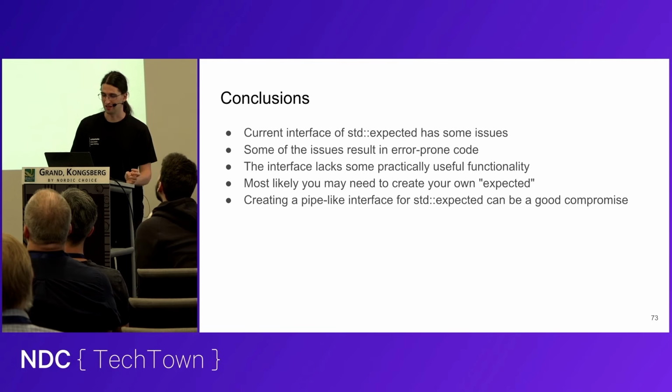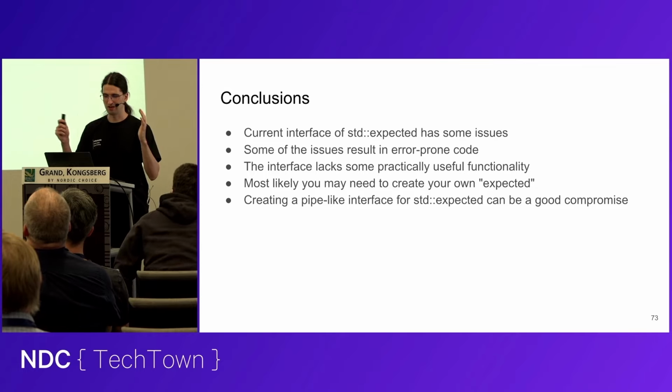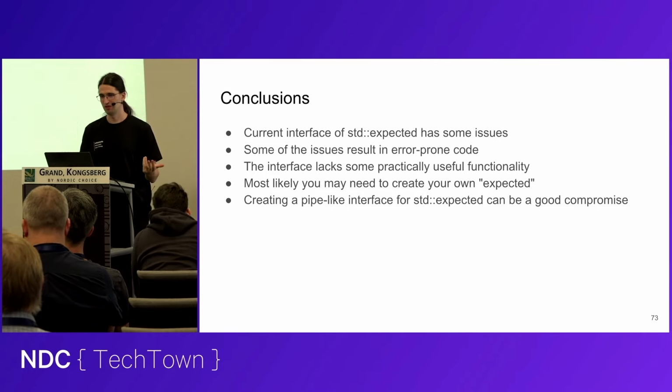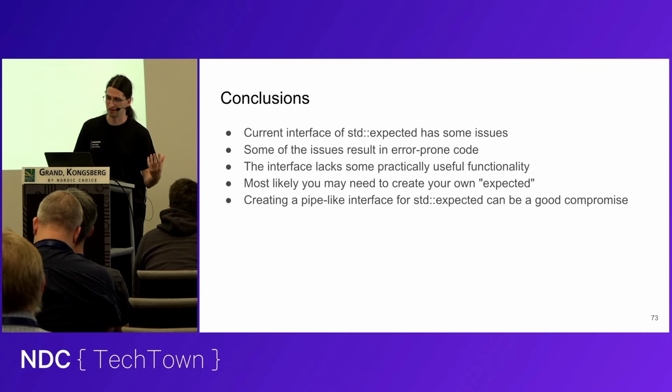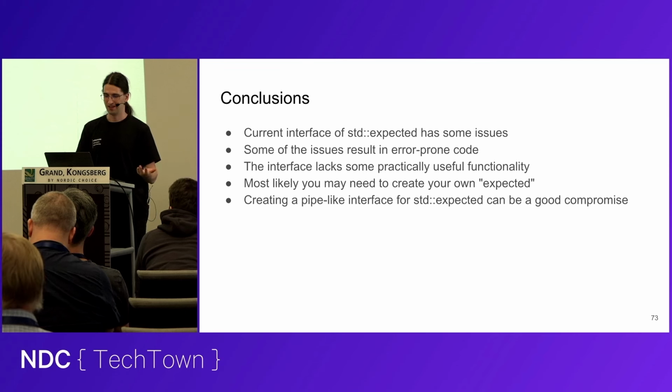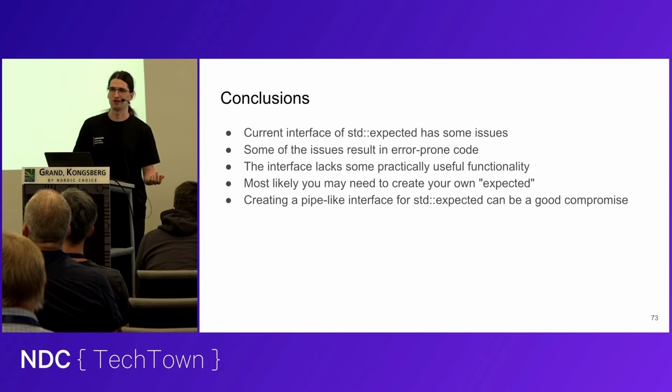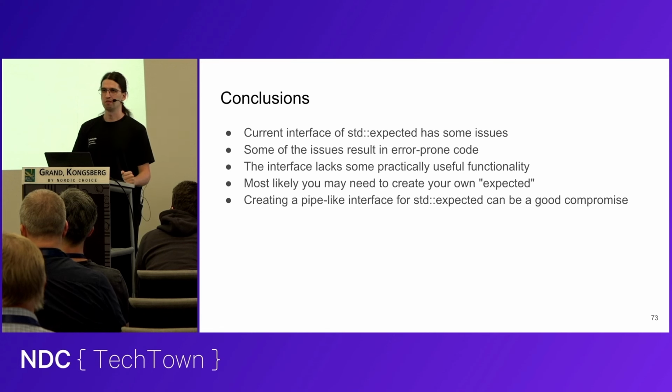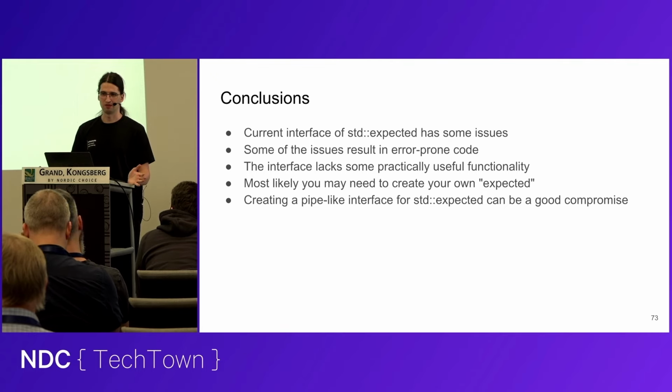The interfaces, some of the practical useful functionality, might not be that pure, but we need more practicality, I believe. Most likely, you might need to create your own expected, especially if you want to use it per context.